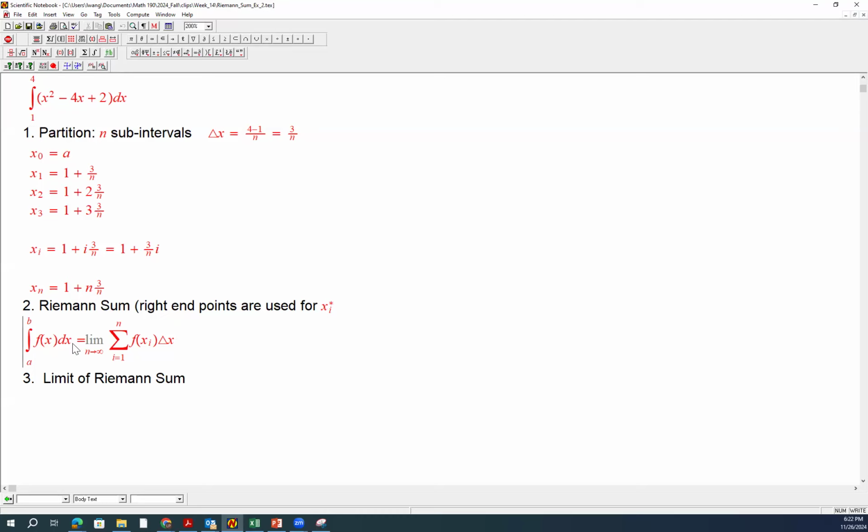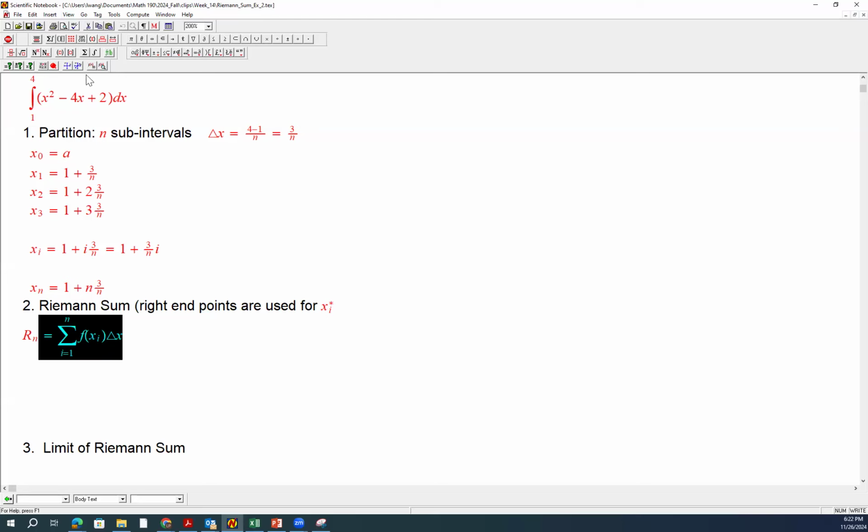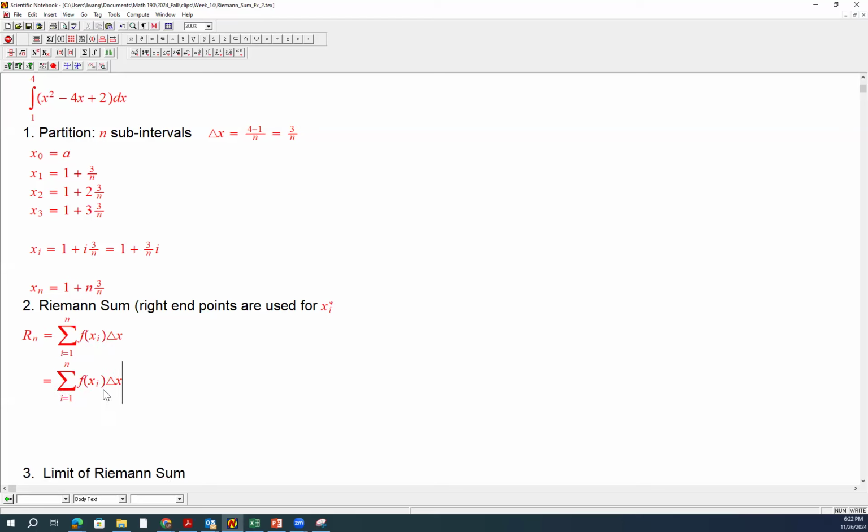Then we're going to put in the Riemann sum, before we take the limit. Substitute, put it back in f of x. This is the function, f of x.